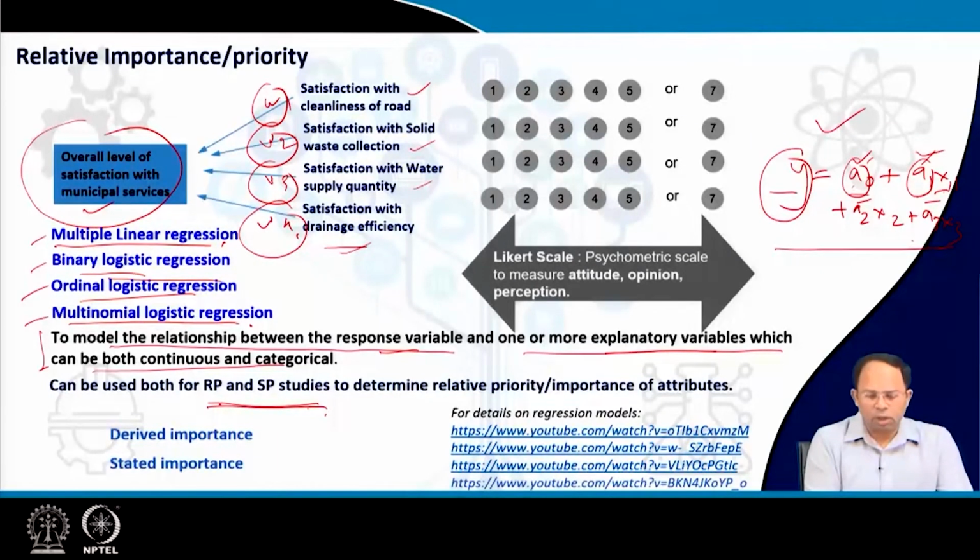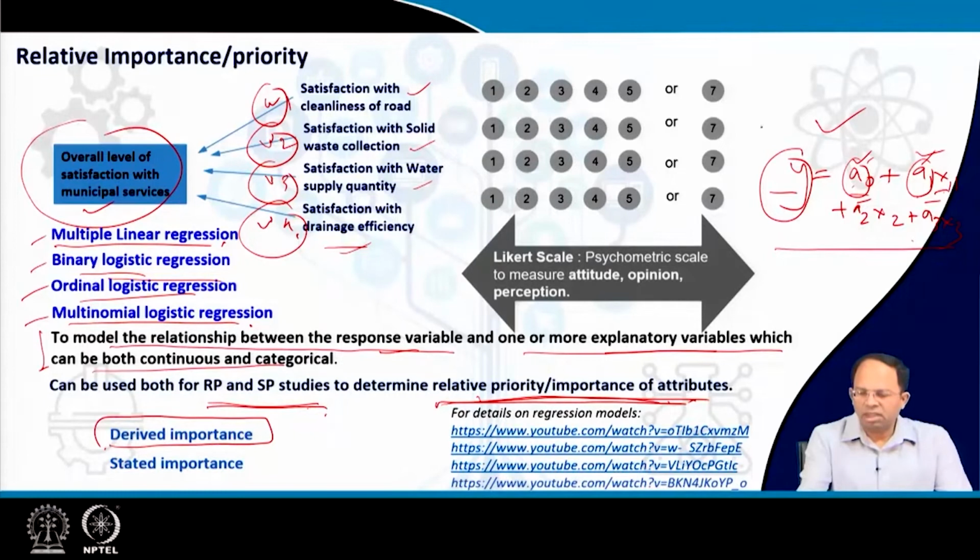This uses these regression models to determine relative priority or importance of attributes. So if I can develop regression models like this based on the different explanatory and the final response variable, I can determine the relative priority and importance of attributes. Now when I say the relative priority or importance of attributes, what we are determining is the derived importance of those attributes.